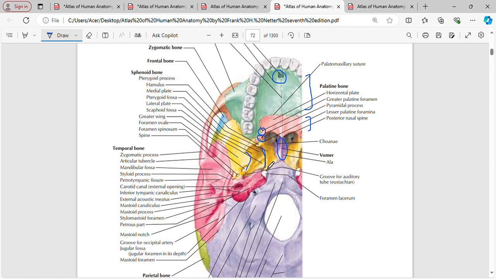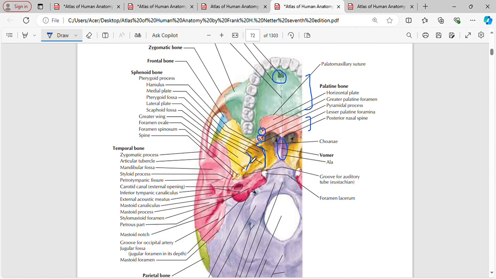The medial pterygoid plate extends downward, forming a hook-like extension called the hamulus, and between the vomer and the medial pterygoid plate is the presence of the choana, right? And this leads into the nasal cavity, right?